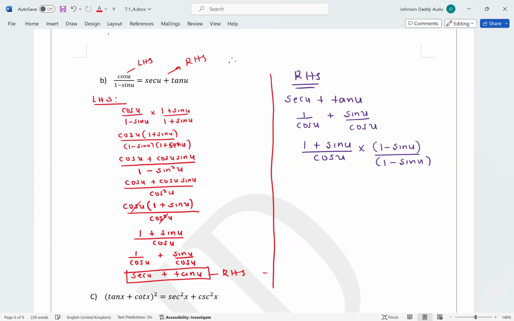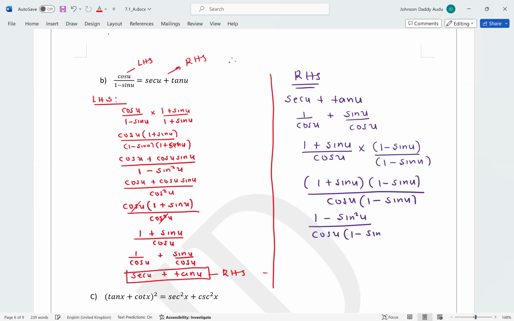So now we can expand this. It means now we have 1 plus sine u, 1 minus sine u over cosine u multiplied by 1 minus sine u. See? So this will just become 1 minus sine squared u over cosine u multiplied by 1 minus sine of u.